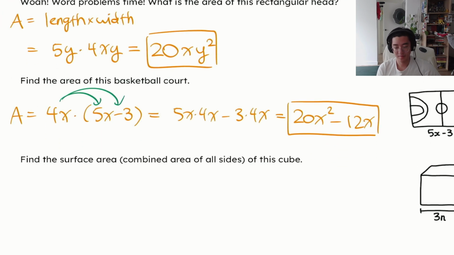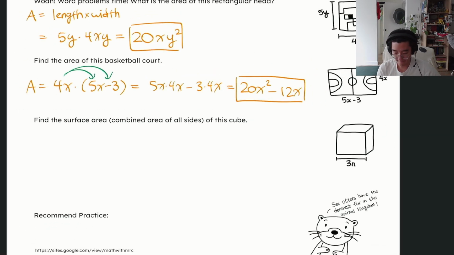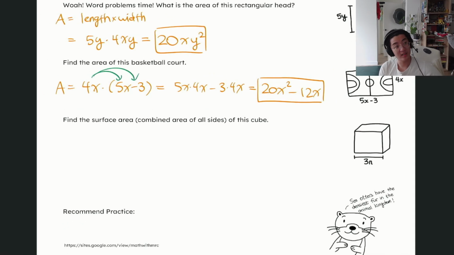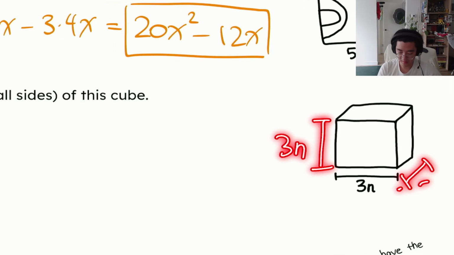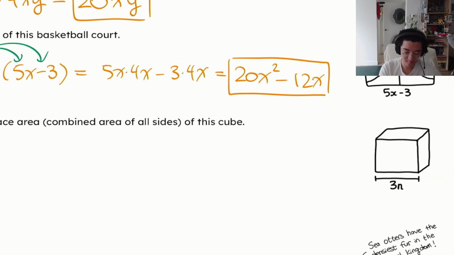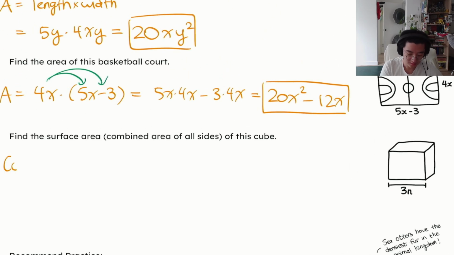Next, the surface area. A surface area is the combined area of all sides of a shape. So in this case, we got a cube, which means that we know all of its side lengths are 3n. A cube has 6 sides, or 6 faces.